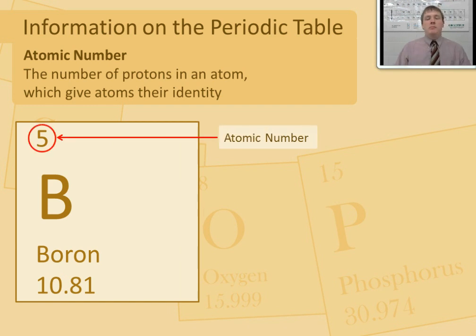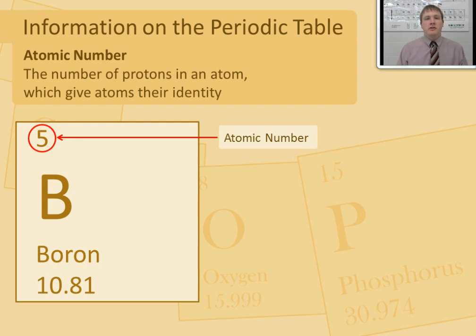That atomic number tells you the number of protons in that atom. Remember, protons are what give an atom its identity, so that number has to be different for each different type of atom. Boron has 5 protons, or another way to think about it, any atom with 5 protons has to be an atom of boron because those protons give it its identity.